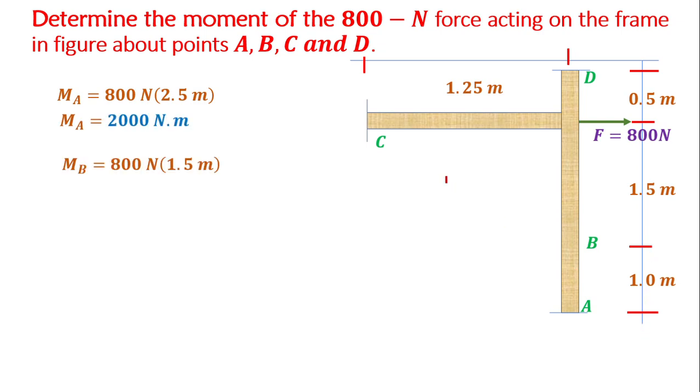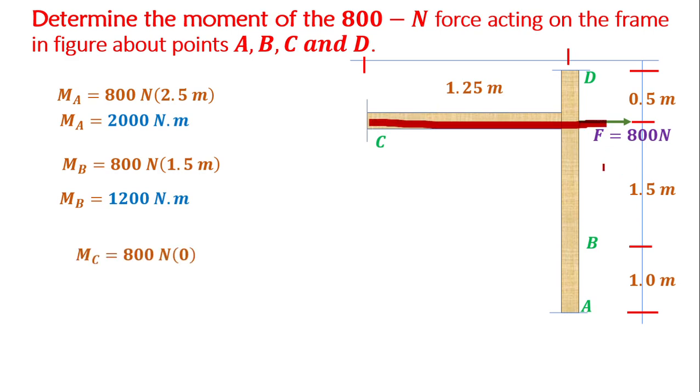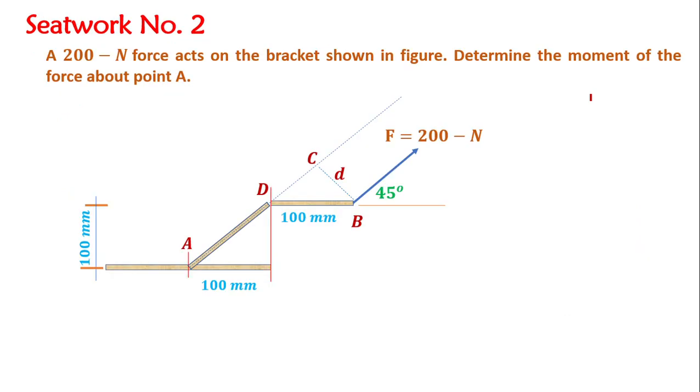Pag nag-moment naman tayo sa B, ito yung B natin, 1.5. Here. Next, sa C naman, nasa line of action kasi siya, kaya naging 0. Pag nasa D naman tayo, we have here 0.5. Diba? Ang dali lang, diba?